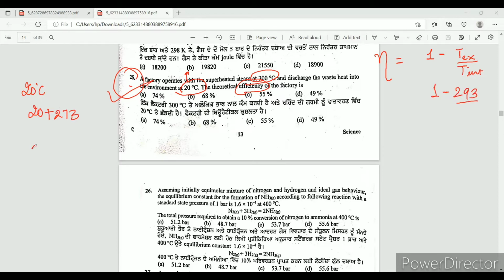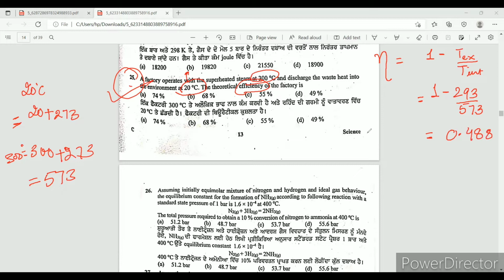And 300 degrees Celsius will be equal to 300 plus 273, that is 573 Kelvin. Now on solving this, what we got is 0.488.